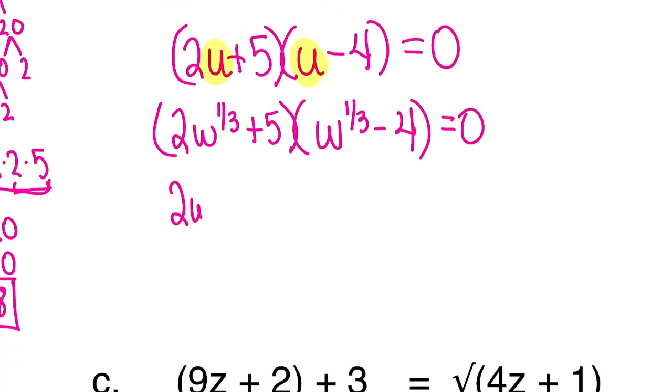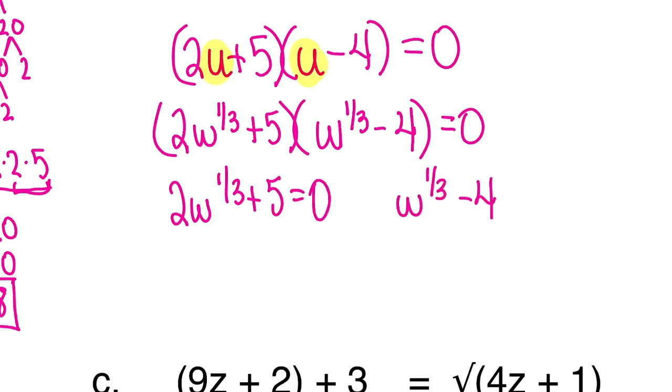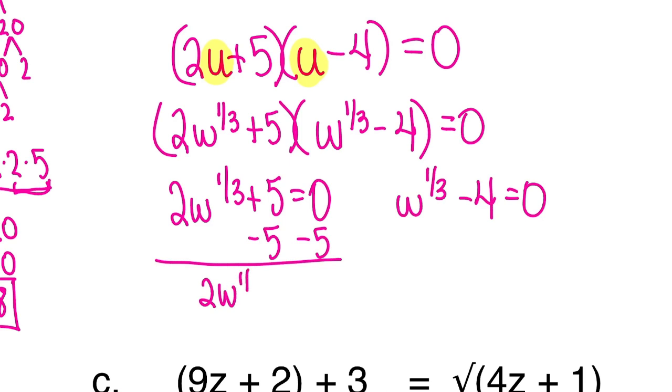We can take this and set both factors equal to 0. And then we're going to solve for w. We divide both by 2 here. So we get w to the 1/3 equals negative 5/2.